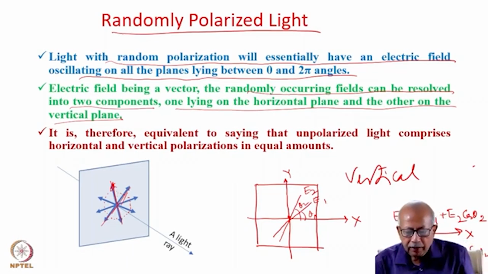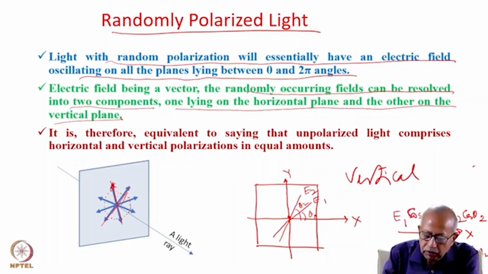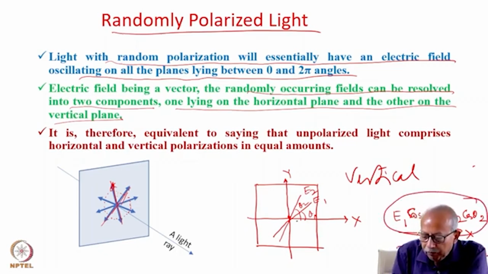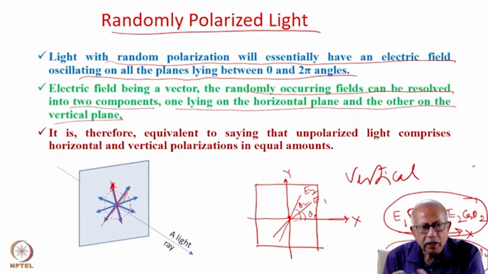Therefore, we can say that these two electric fields are equivalent to this much field in the X direction and this much in the Y direction. These two together will create an effect which is equivalent to this.